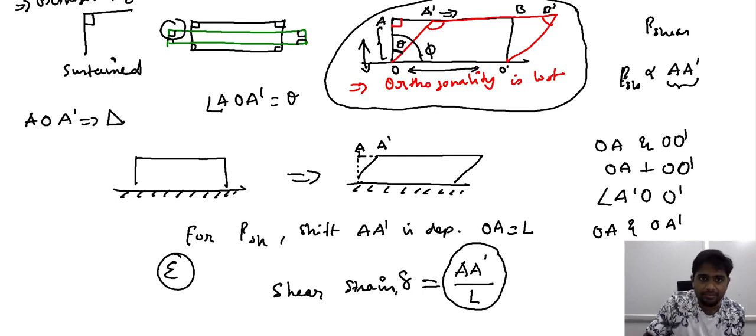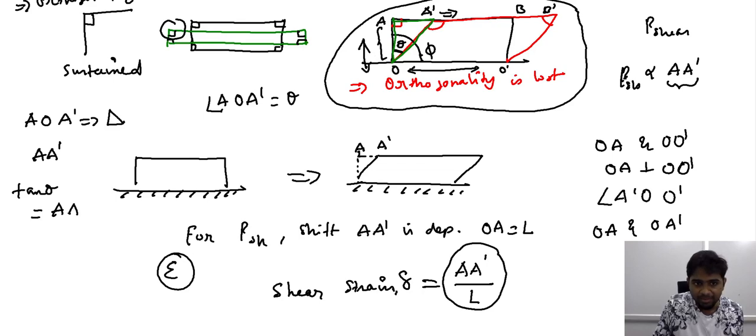So this triangle here is a right angled triangle. So it becomes possible for us to describe A prime, that is the shift in the corners, using the angle theta. When you take tan theta for the triangle in green, tan theta is nothing but opposite by adjacent, that is A prime by OA.